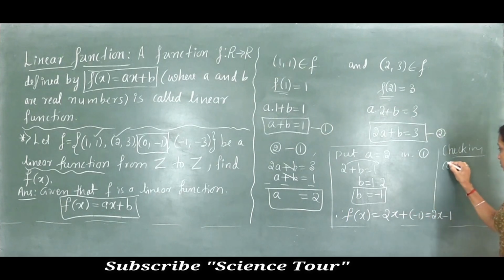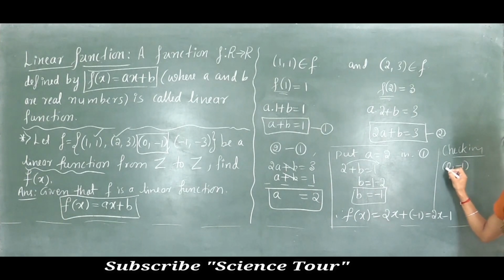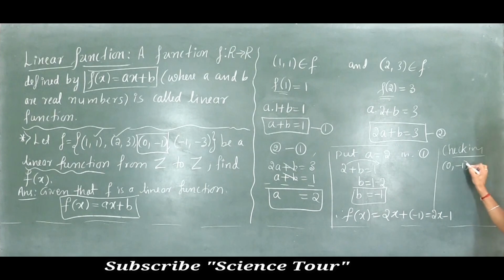Okay, so how to check now whether this function is correct or not? You have to take x in place the first element, and while simplifying that, if you get the second element of that ordered pair, then the obtained function is correct. Okay, what we got? Function f of x is equal to 2x minus 1. Now take x as the first element.